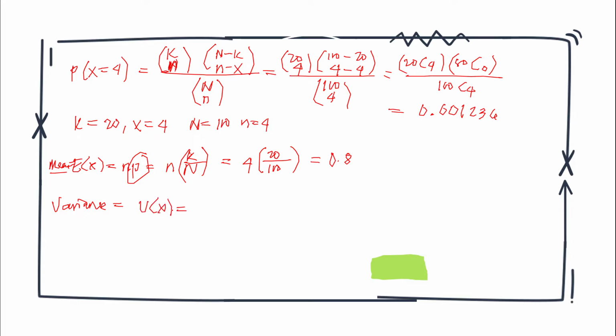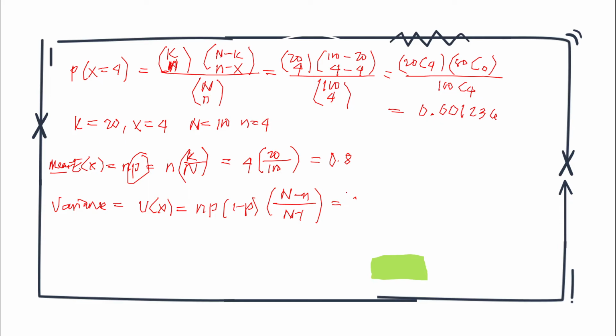So if we're going to look for the variance, V(x) equals np(1 minus p) times (N minus n) over (N minus 1). So we have here, what is our n? Our n is equal to 4. And our p, how to get the p? The p is the proportion of successes.